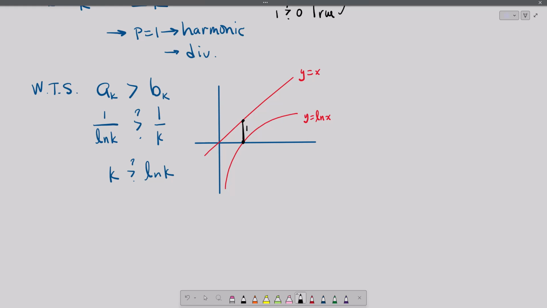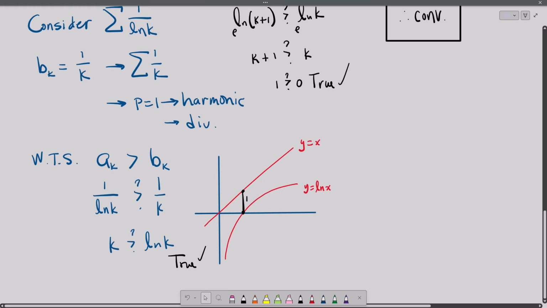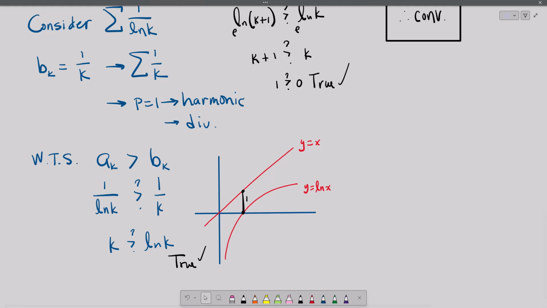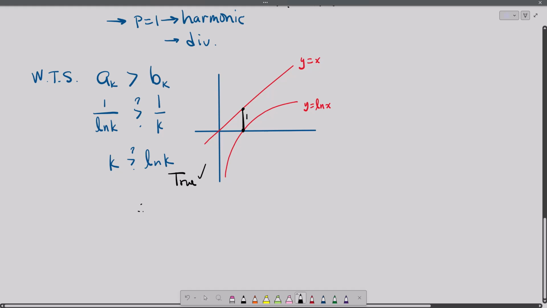So this is true. And now we have the direct comparison: if this is true, and our B sub k series diverges, then our A sub k series diverges also. So therefore, we get divergence.